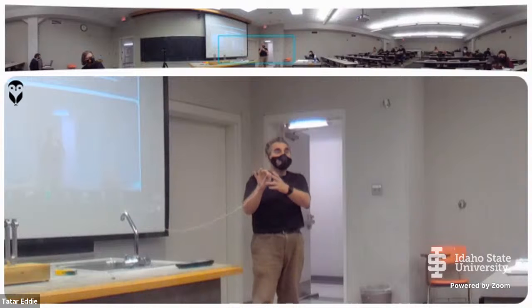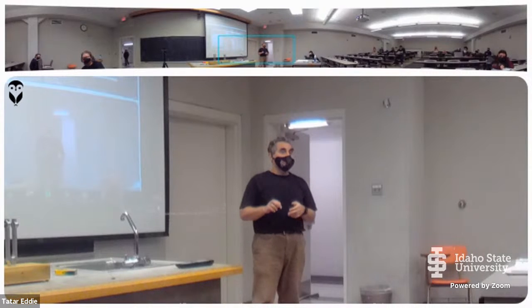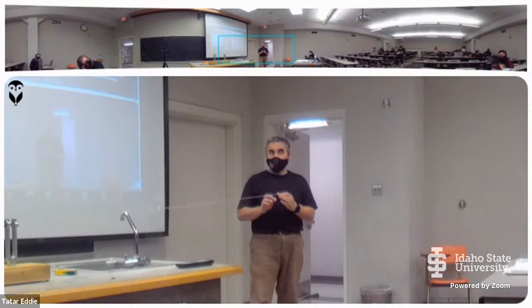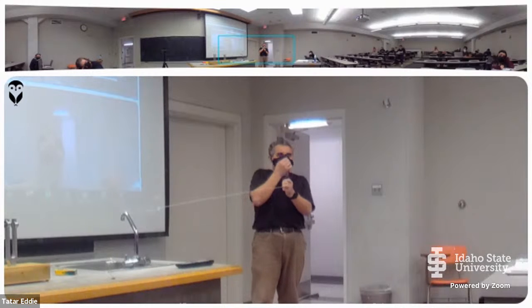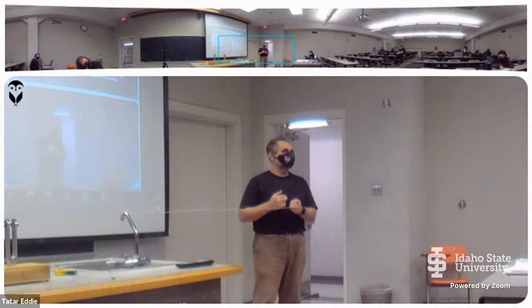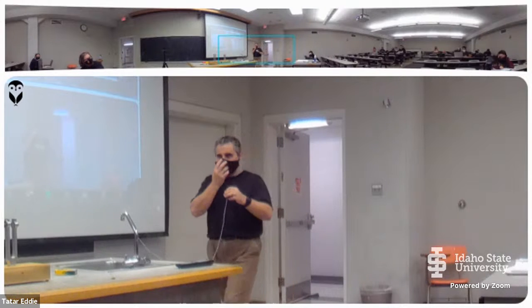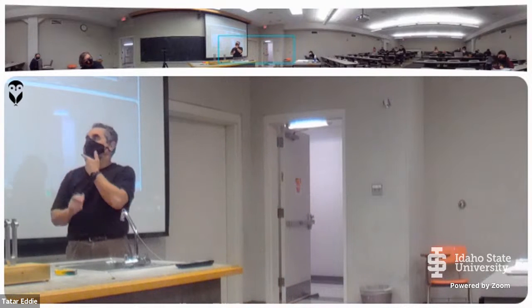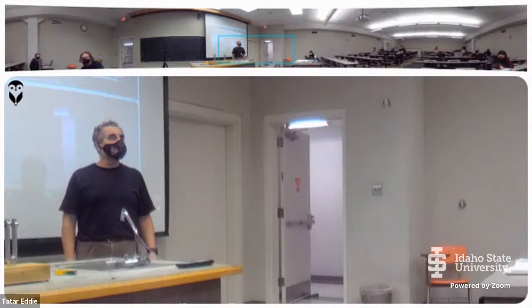If I let it like this, there is not much elasticity anymore. It's not going to work at all. So the harder you pull, the better the elastic properties of the string, and the faster you're going to have the transmission of any disturbance from one end to another. Okay, any other remarks?